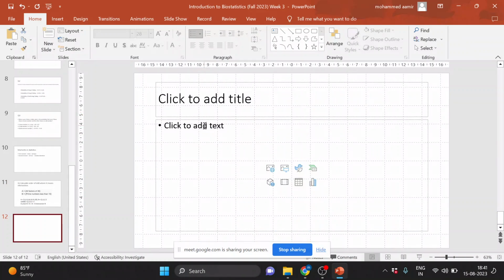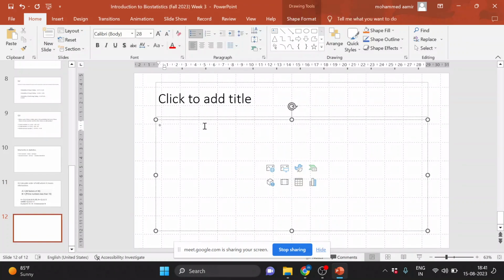So suppose your linear model is y equals b plus ax, okay? Then your a is given by Sxy divided by Sxx.